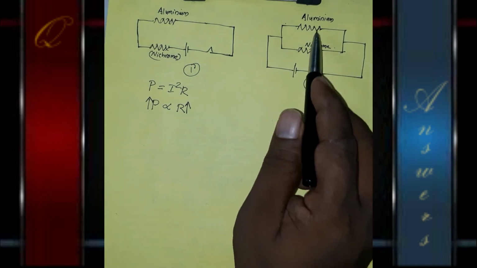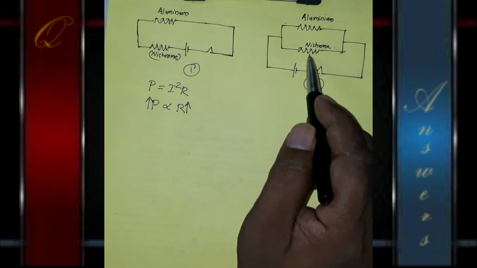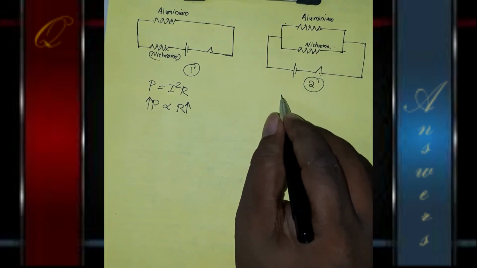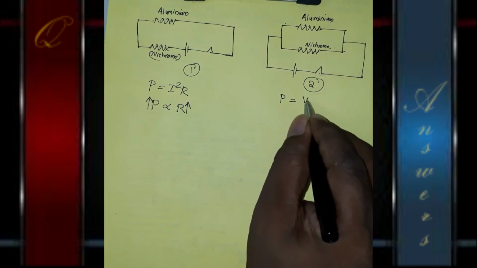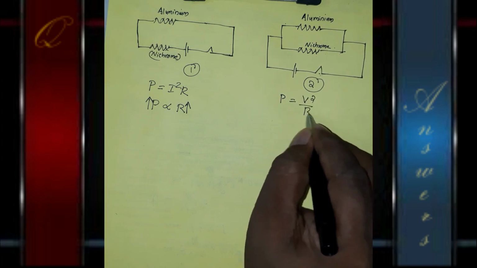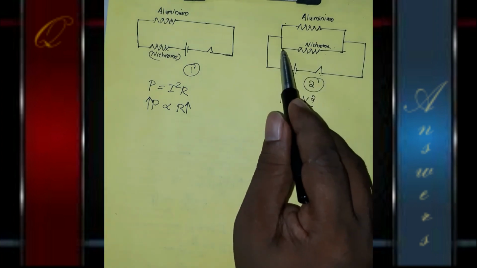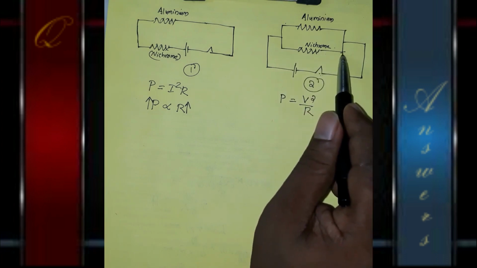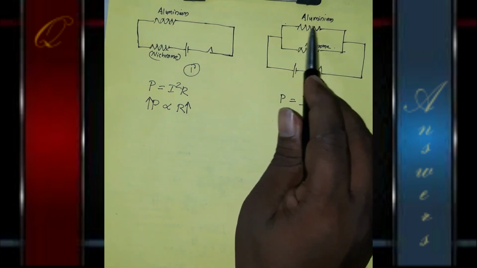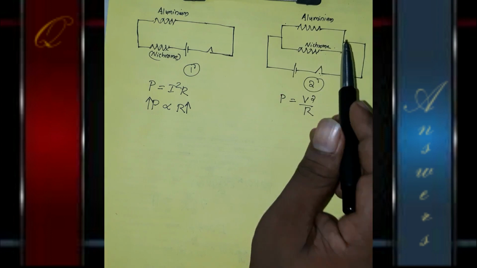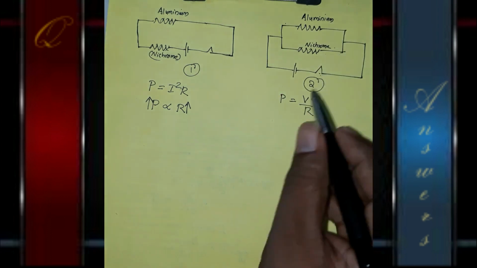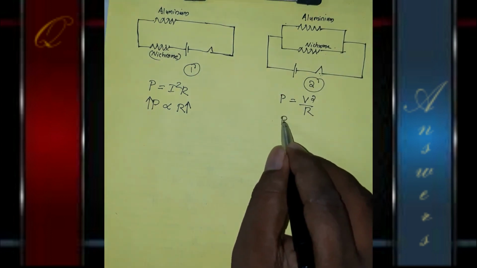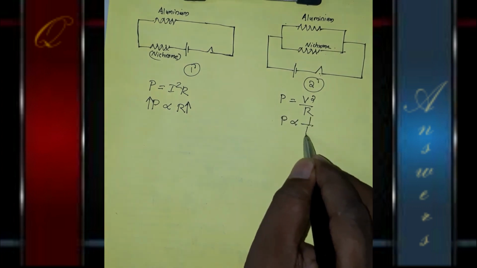Now you may compare the heat developed here. You can use the equation P is equal to V squared divided by R. Here the potential drop across this resistance and across this resistance are the same, or V is constant. As V is constant, P is proportional to 1 by R.